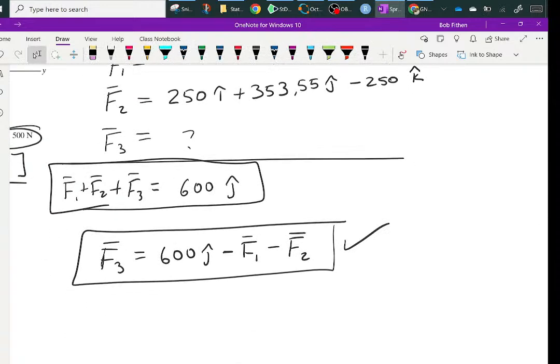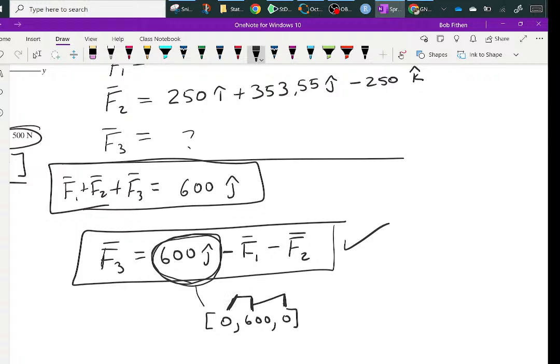Since I have F1 in the computer, I have F2. I need to come up with something to call this as a variable. I guess I could put in a vector which looks like this: 0, 600, and a 0. That's the I component, that's the J component, that's the K component. So I might just do that.